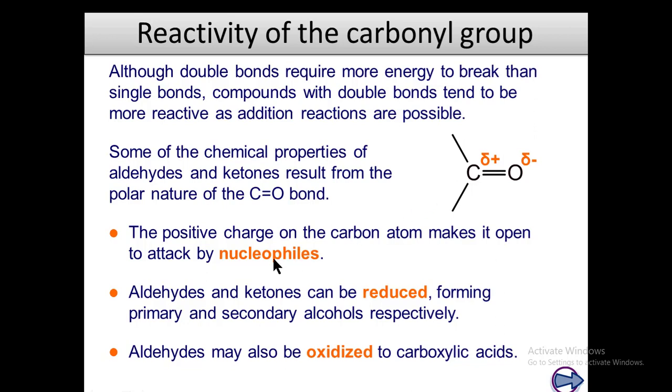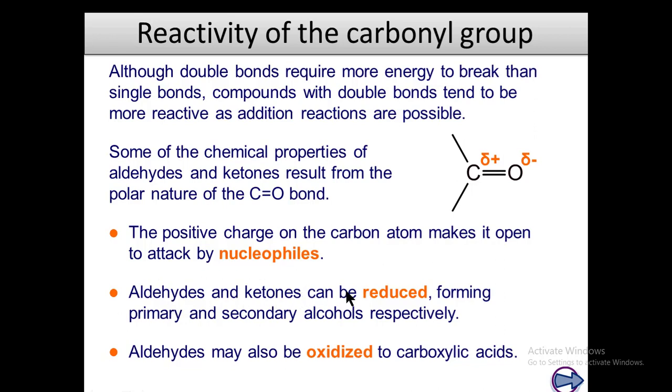So that extra electron pair is easily given to this carbon atom, which acts as a carbocation. That's why nucleophilic addition is possible at this point. So the positive charge on the carbon atom makes it open to attack by a nucleophile.